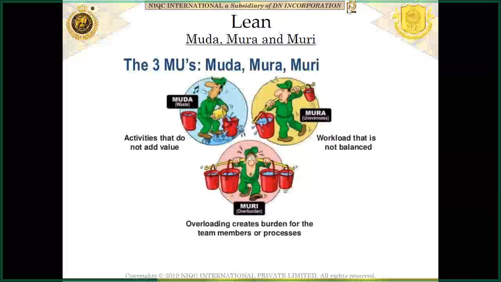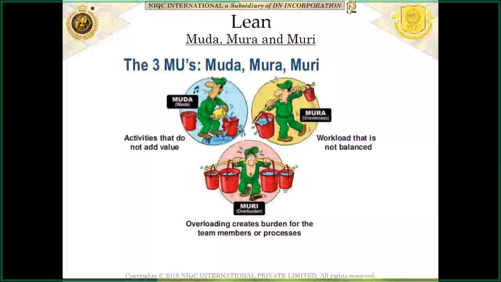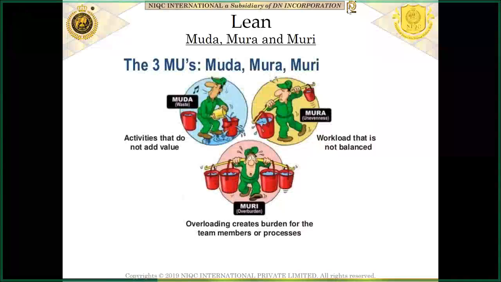So how did they make changes and improvements in their company? They made a complete set of principles, all the tools and techniques that helped them improve, which later became popular across the world. That is called lean management.